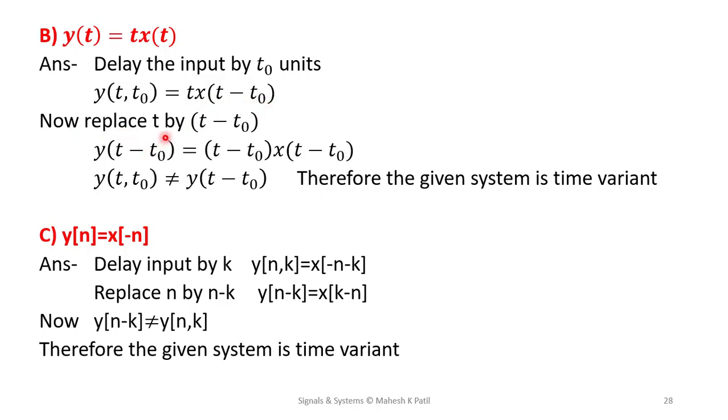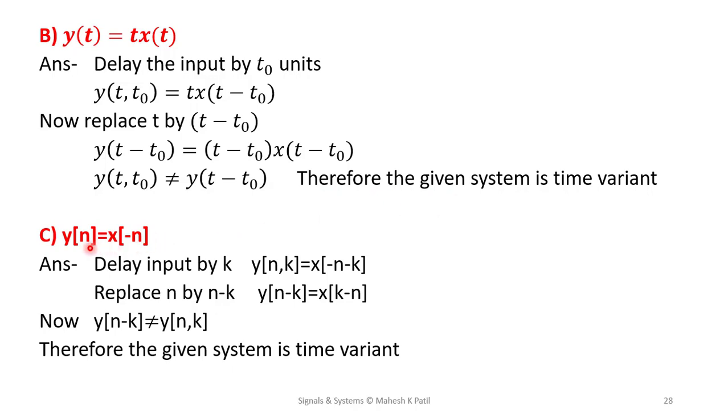Now replace t by t minus t0. Therefore y(t minus t0) equals (t minus t0) x(t minus t0). Now by observing these two equations, y(t, t0) is not equal to y(t minus t0). Therefore we can write that the given system is a time variant system.